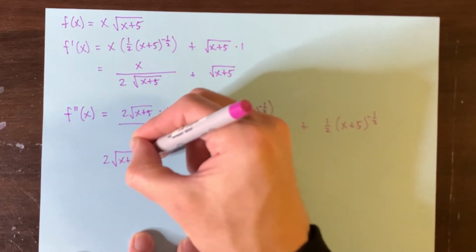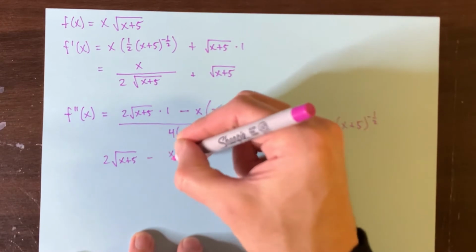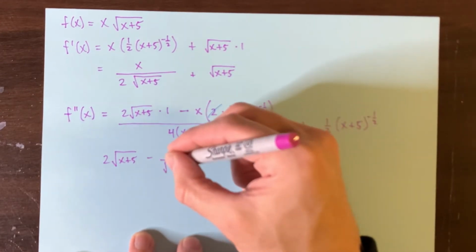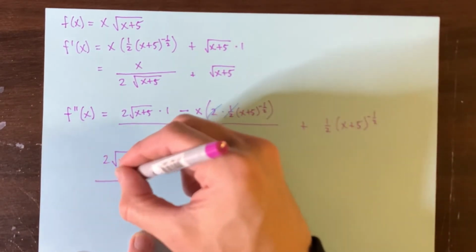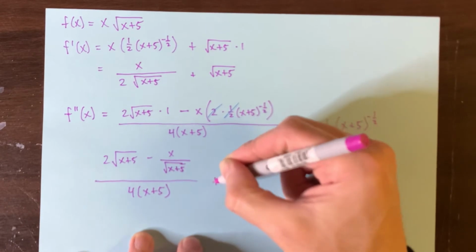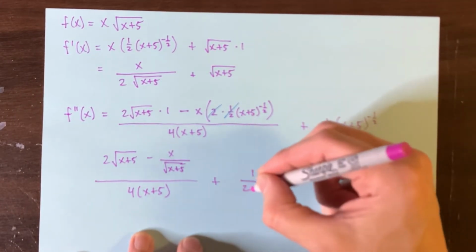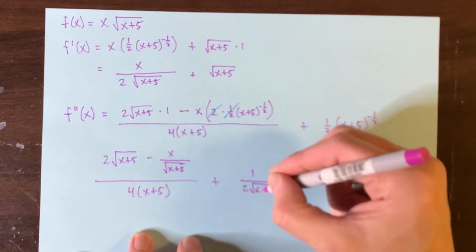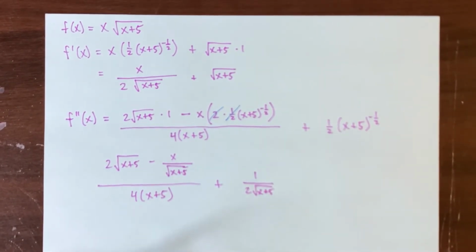So I'm thinking something like this, and that there, over this here, plus this business here. So here is the second derivative, a little bit simplified. Let me take a look at this. Do I like this? Yes, I do.